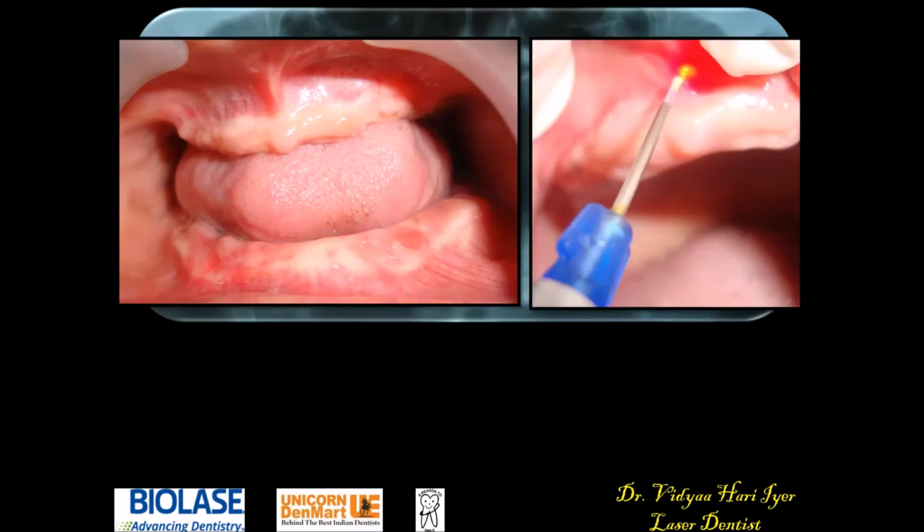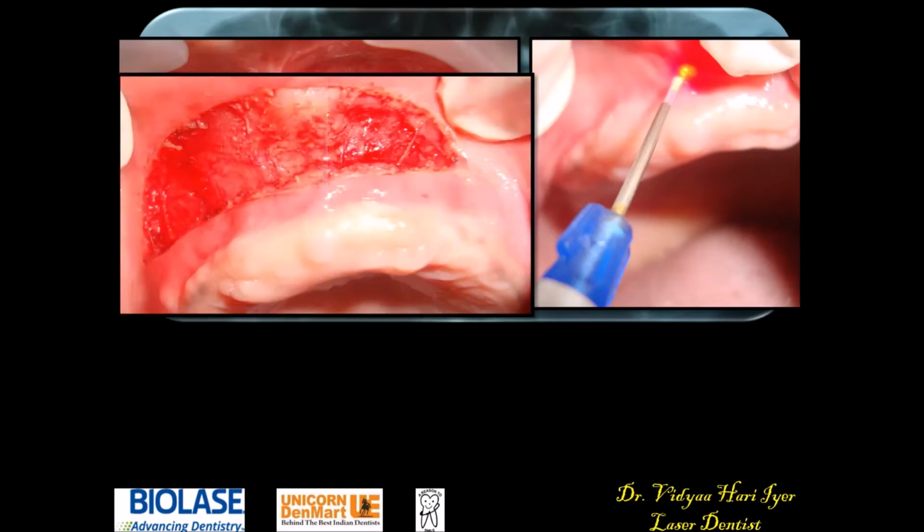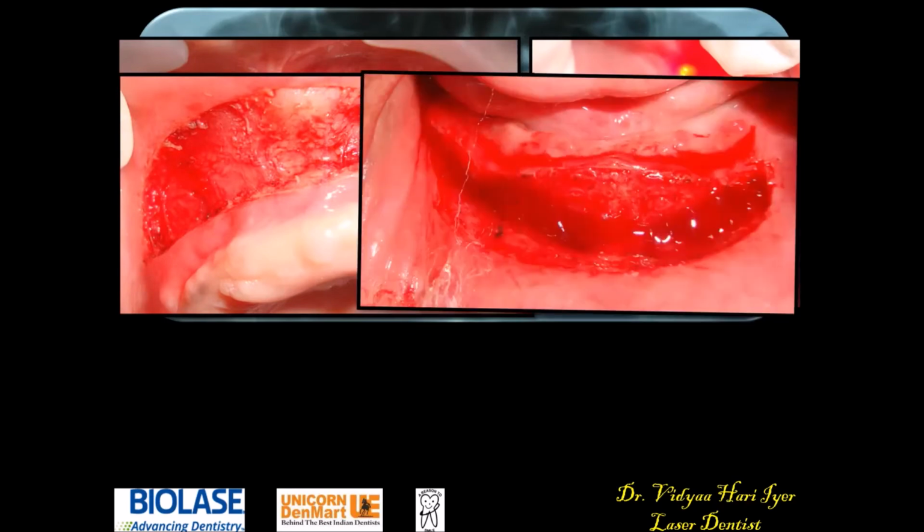So here we have done a procedure called vestibuloplasty, where we are increasing the height of the tissue so that we can get a better impression and you will have a better retention of the complete denture. Many a times, many patients would have said, or you might have heard, that my dentures are loose. So this procedure would help the dentures to stay in place. And that is how it is in the upper, and this is how it is in the lower.